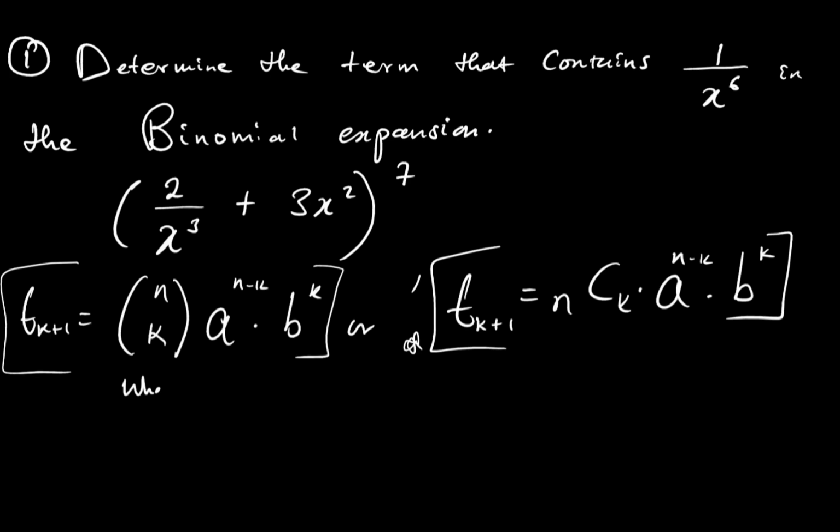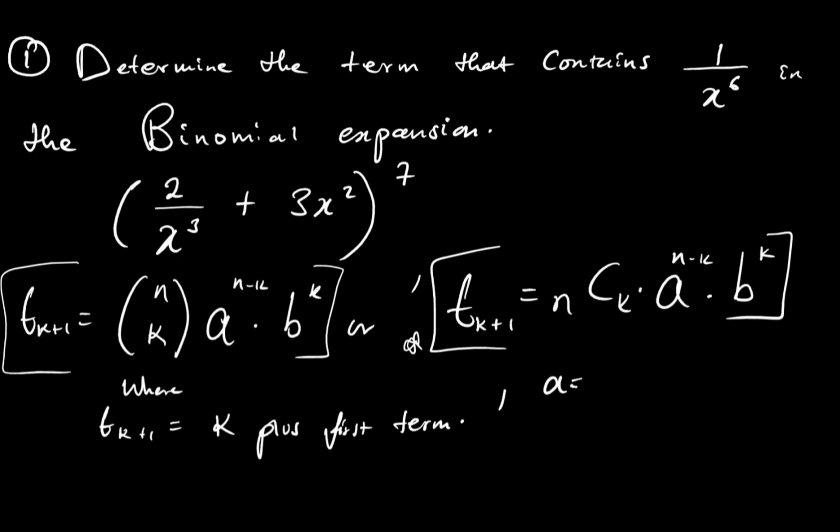So we need to be mindful that t sub k plus 1 is equivalent to the k plus first term, which is the value of k that you find plus the first term, to determine the term you need in question.